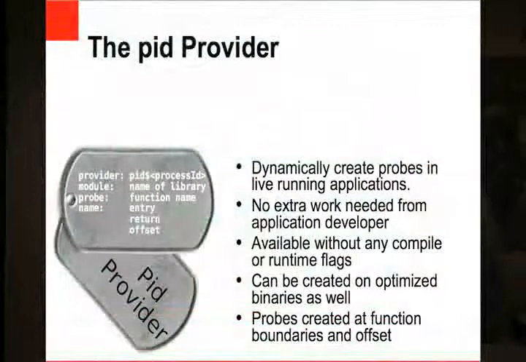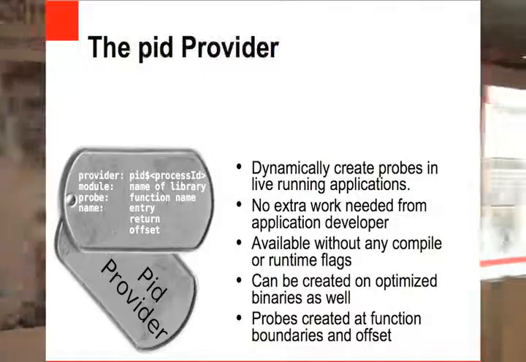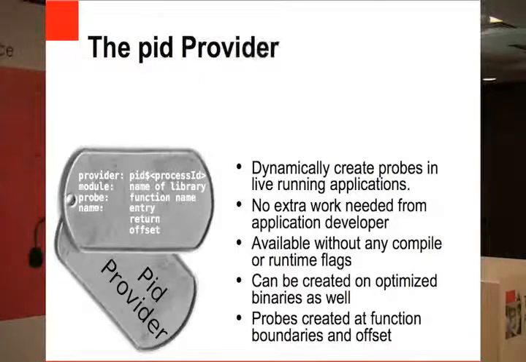So now what I want to do is talk about different providers. Remember, provider is the very first entry in the probe name. And so we have a provider called the PID, or the process ID provider. And basically, this is so cool. Any application that I run on OpenSolaris, on Solaris, by the way, this is not unique to OpenSolaris, this is a Solaris feature.